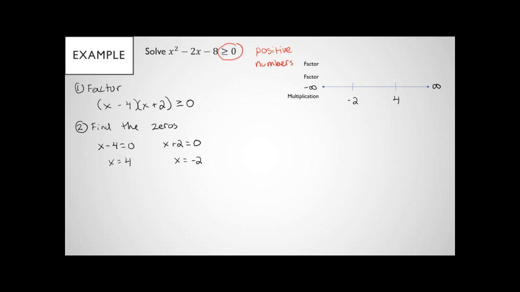Once we do that, then we need to set up the sign chart. When we set up the sign chart, this is a greater than or equal to symbol, so that means we're going to have a solid line.